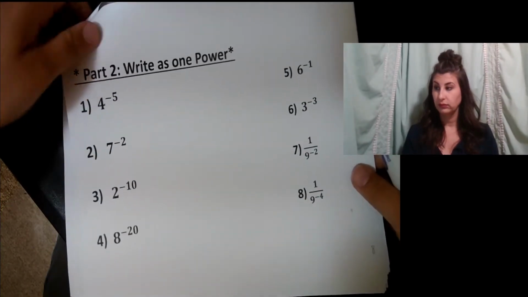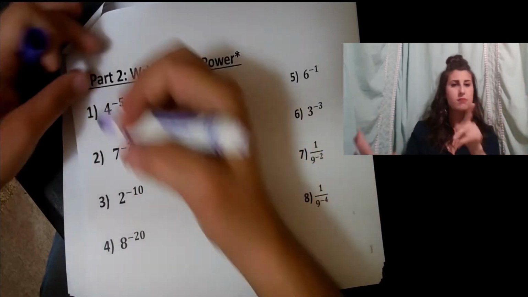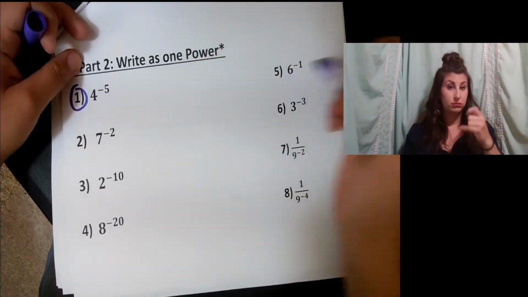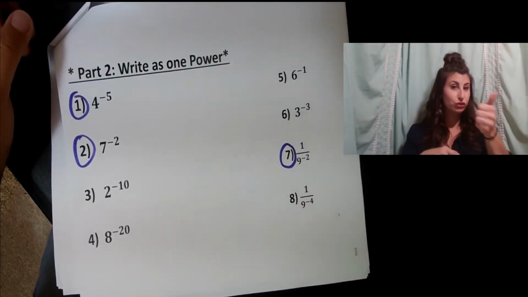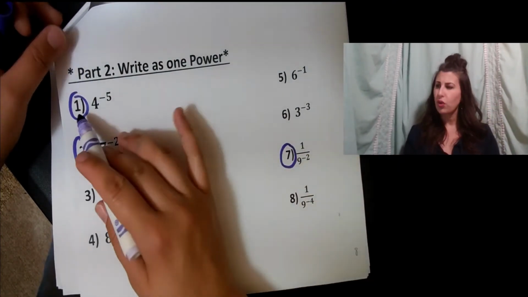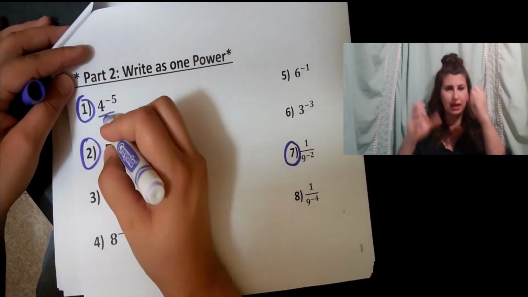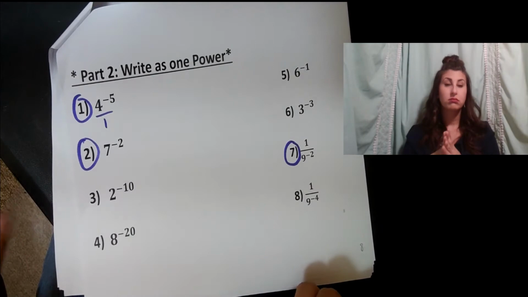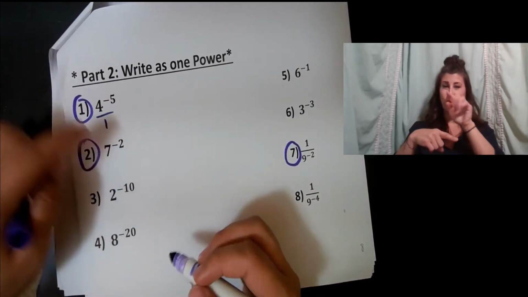So let's go ahead and look at a couple of these. Actually, I'm going to circle a couple that we are going to do together, and then I will have you practice the rest. Okay. So for number 1, I have 4 to the negative 5th power. Think of it as a fraction. Okay, well, it's on top, it's a negative, so now it's going to go on bottom.